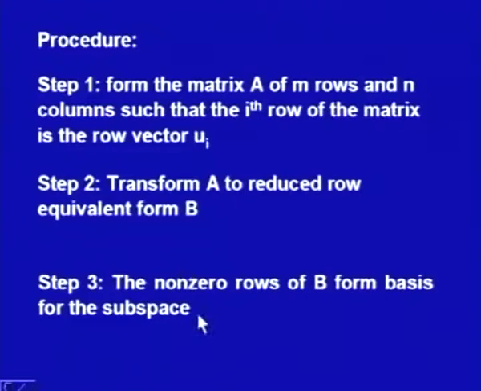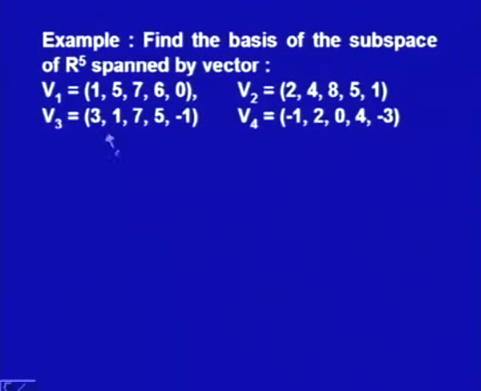So, I have first established this procedure, and now, after stating it, I will illustrate it with an example. We have been given 4 vectors in R5, and we have to find the basis of the subspace of R5 spanned by this set of vectors.